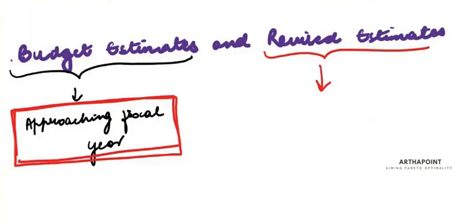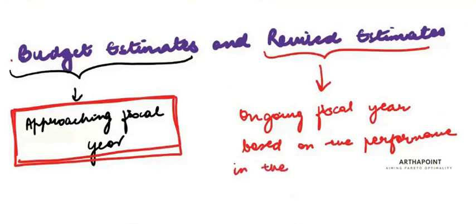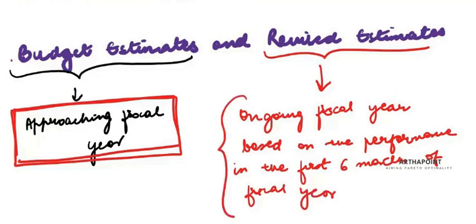So for any ongoing fiscal year, based on the performance in the first 6 months of the fiscal year, the government provides revised estimates, RE.